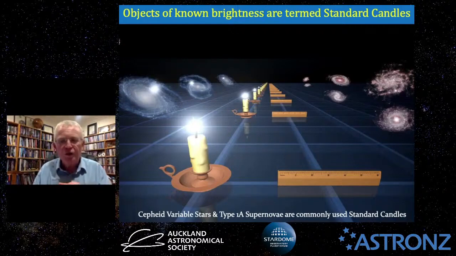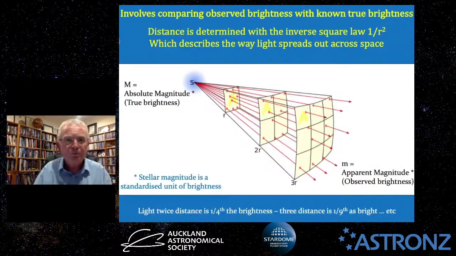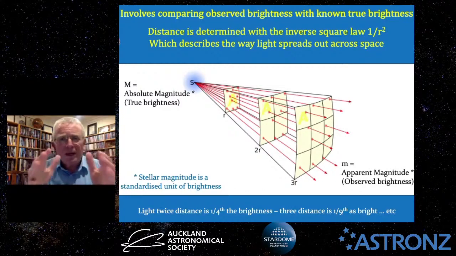Cepheid variable stars and type 1a supernovae are the ones commonly used and often talked about. So the idea is that you make a note of the observed brightness, and then you compare it with the true brightness, and that allows you to work out the distance.